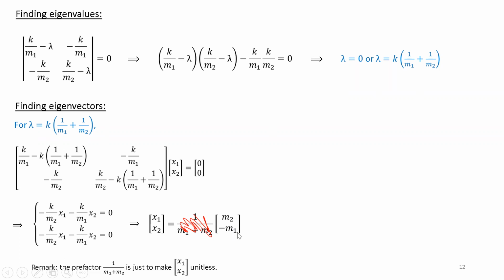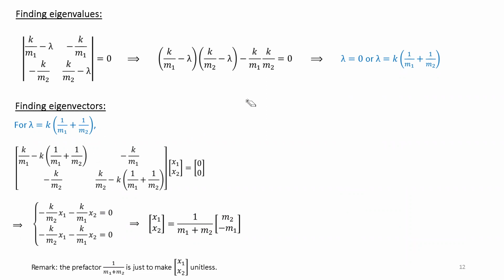But that's still okay, because at the end of the day you do have an arbitrary constant in front of your solution, and that arbitrary constant will make sure that you have the correct unit anyway. But regardless, this is my choice. This is the eigenvector corresponding to this eigenvalue.